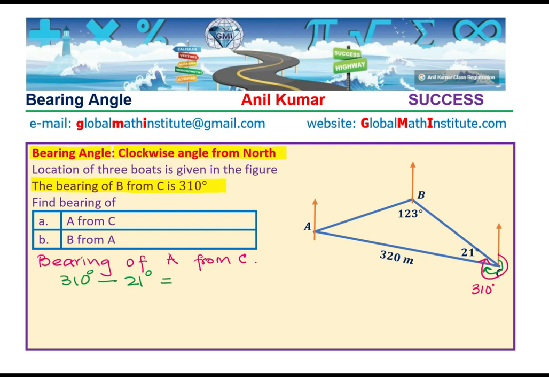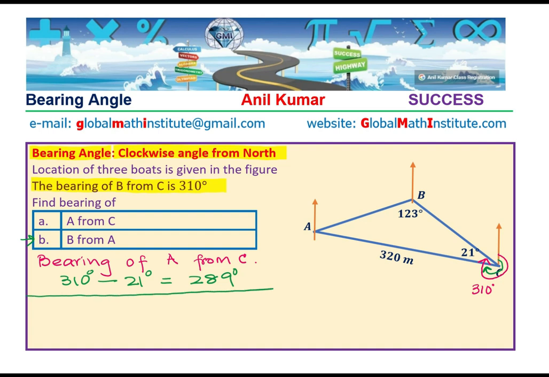Now, with this in mind, you need to find the bearing of B from A. So we got the bearing of A from C, so one part has been done.